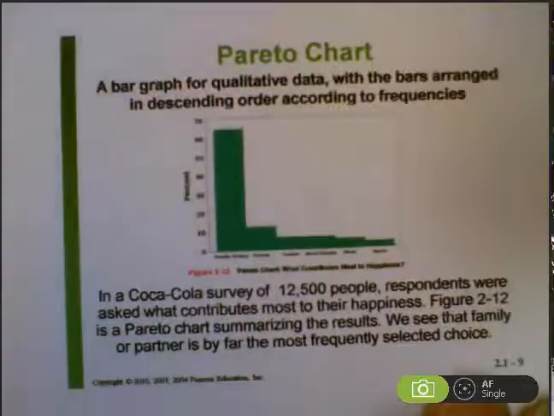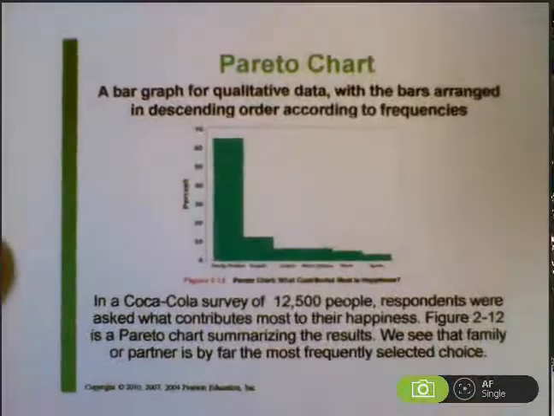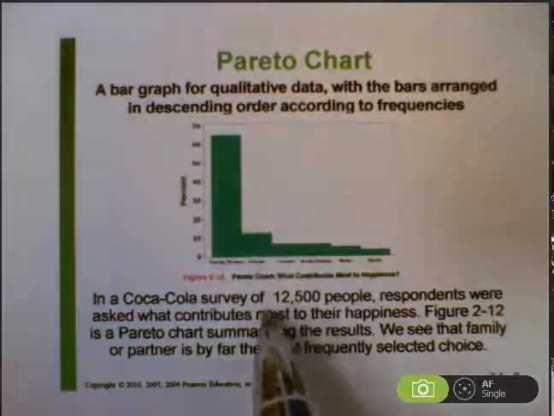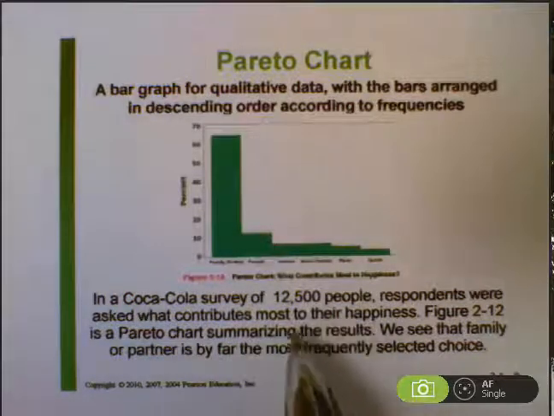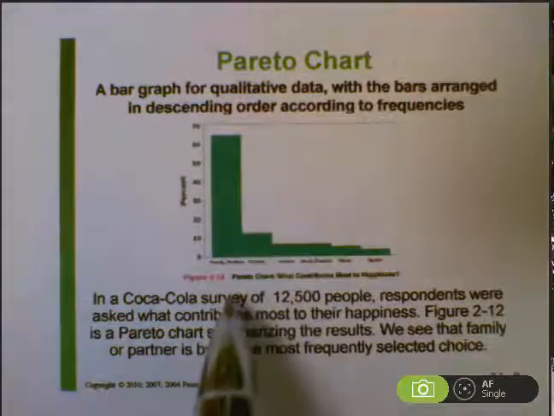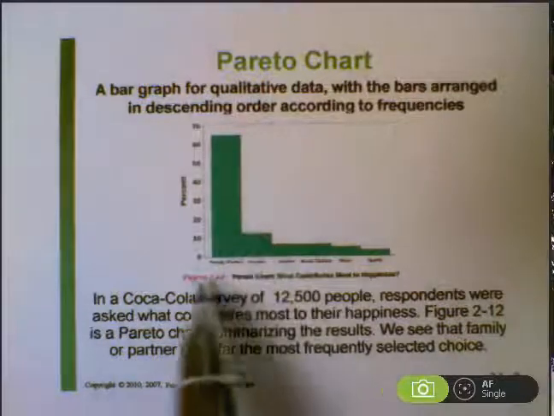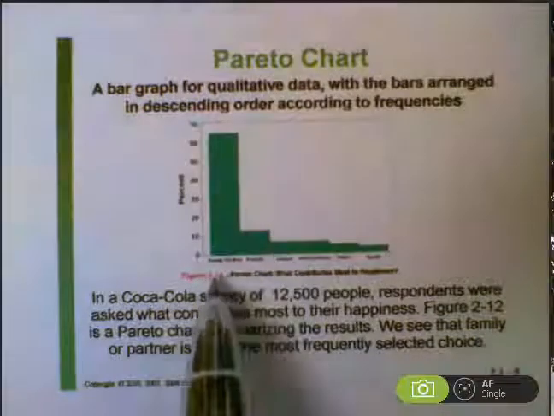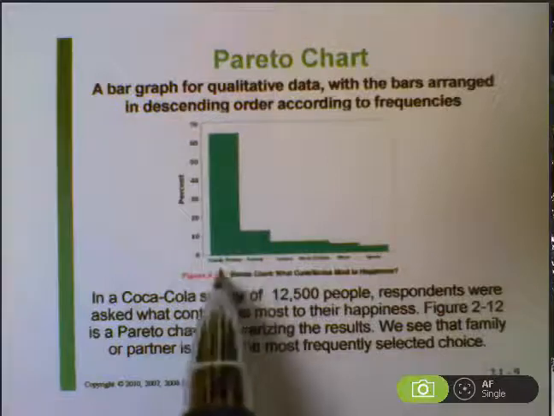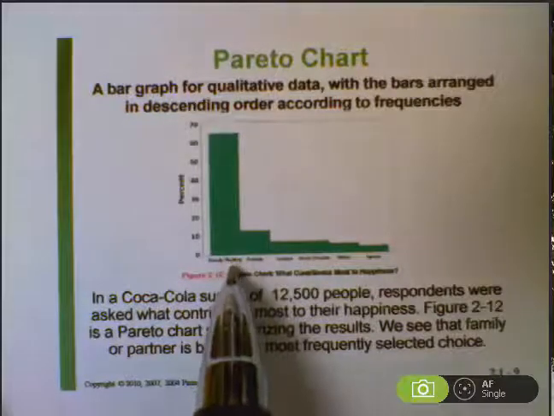A Pareto chart is just a bar graph that is put in descending order. This represents the responses of 12,500 people who were asked what contributes most to their happiness. I should have copied these charts larger for myself, but it looks like family and friends was the number one response.